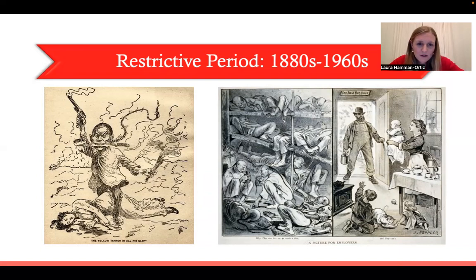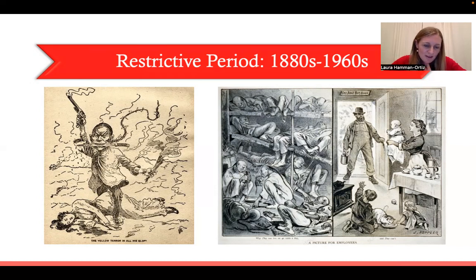Both of these are political cartoons that were aimed at vilifying Asian Americans or Asian immigrants who had come to the United States, often were recruited to come to the United States to work, particularly in the railroad industry and other industries that were taking off. There was often a lot of fear and resentment towards Asian immigrants, which then contributed to many policies that barred them from being able to even enter the United States after a certain point.